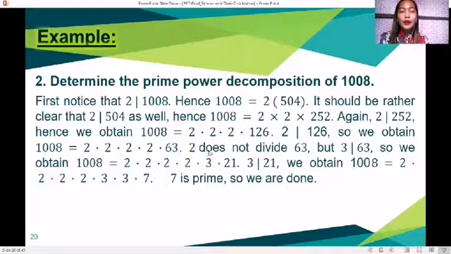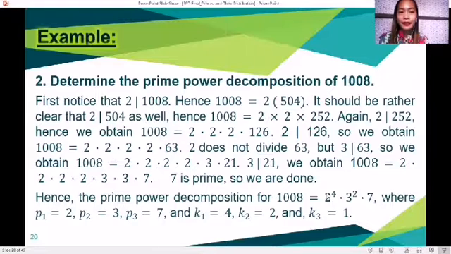So we obtain 1008 is equal to 2 times 2 times 2 times 2 times 3 times 21. 3 divides 21. We obtain 1008 is equal to 2 times 2 times 2 times 2 times 3 times 3 times 7. 7 is prime, so we are done.